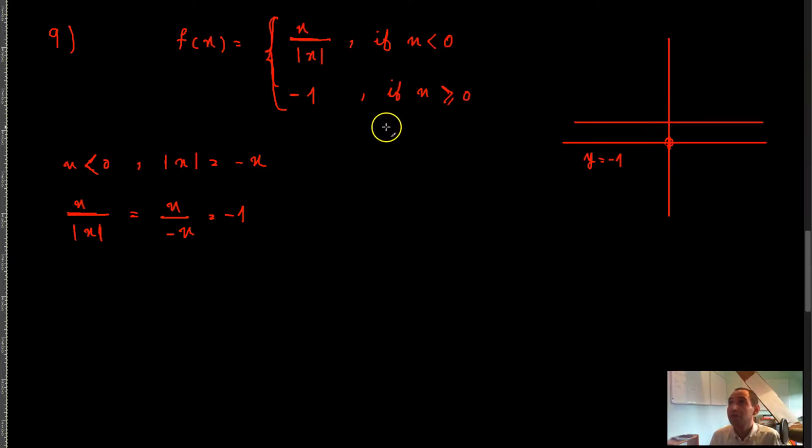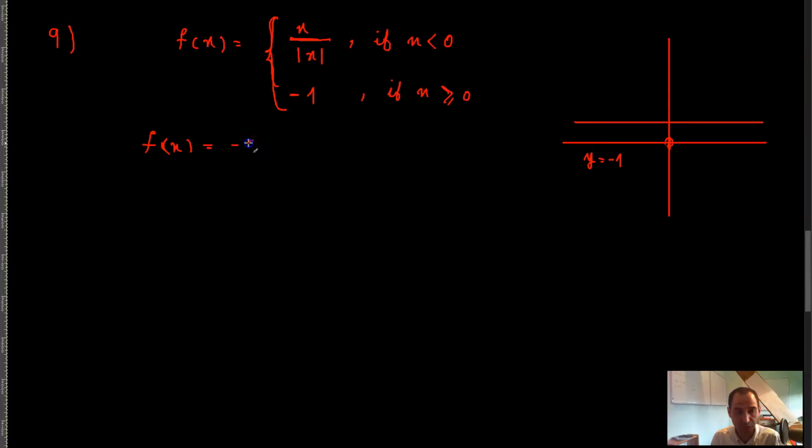And I don't really know if we have to really consider any cases here. So what you can do, since the function is giving you the output -1 for x is less than 0, and for x is greater than or equal to 0, you can simply say that f of x is equal to -1, x belonging to the set of real numbers.